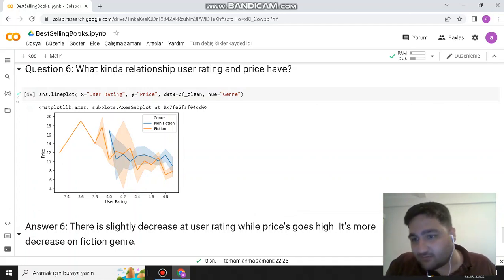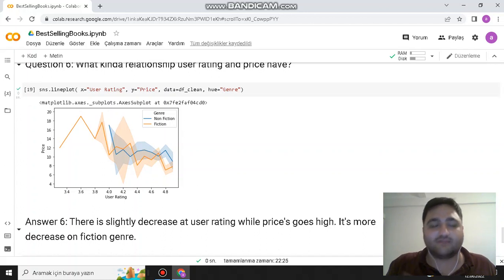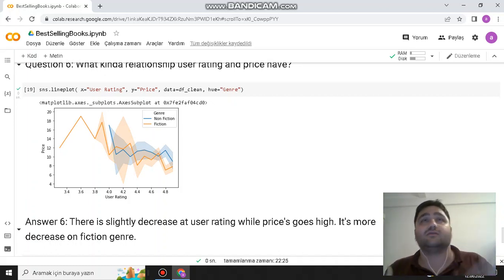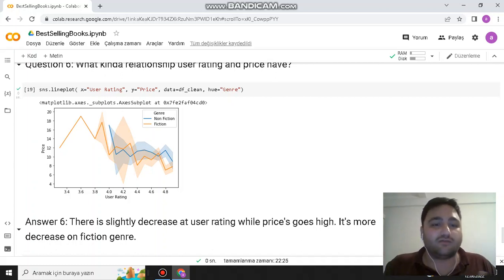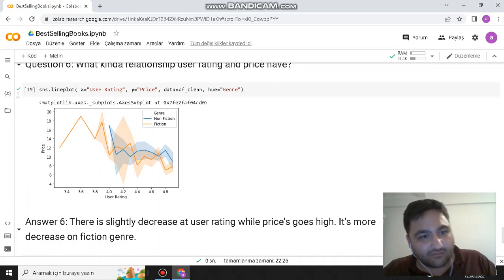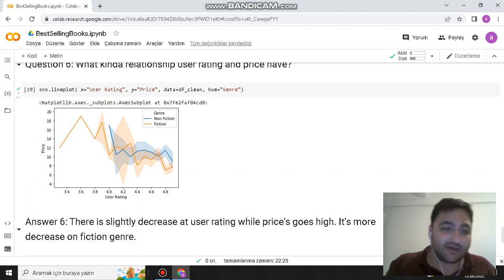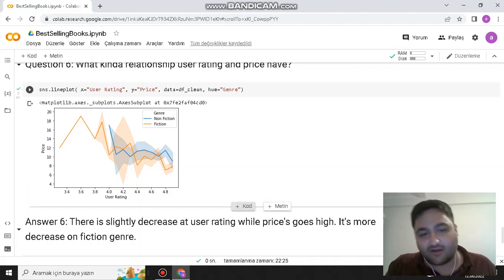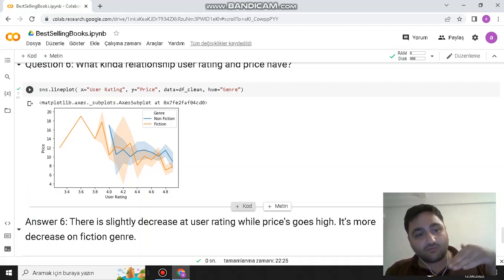I mean, if you want to publish a book that sells more, you should lower the price as much as you can. You can understand that from this graph, where when prices go low, the user rating increases.